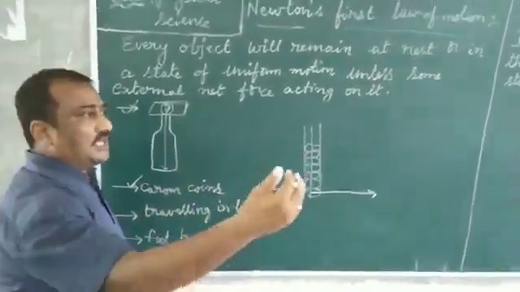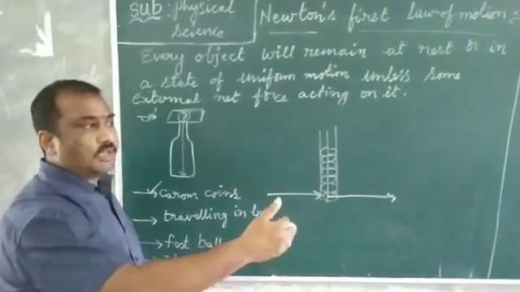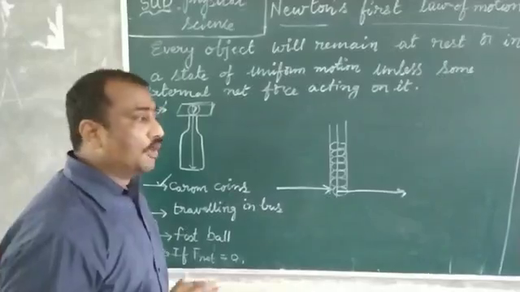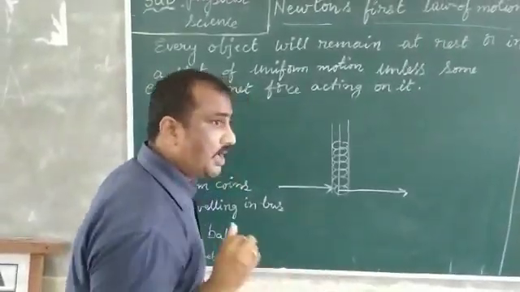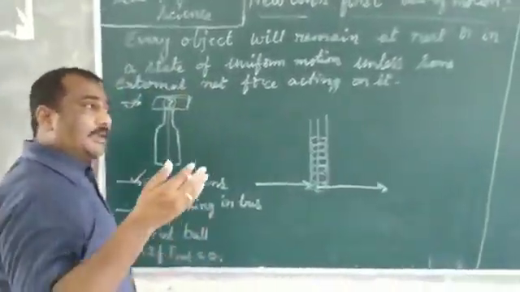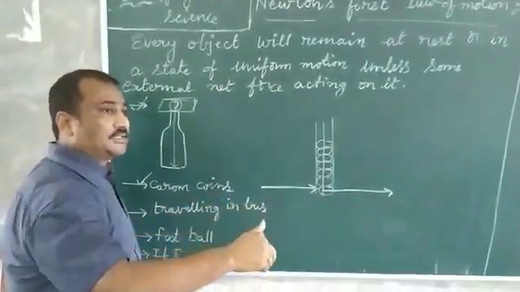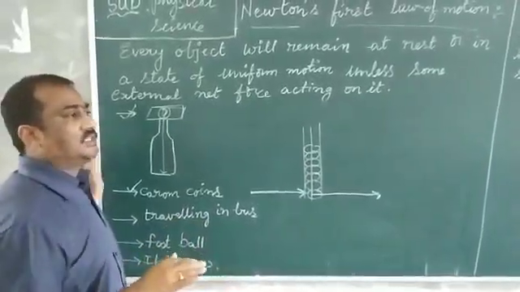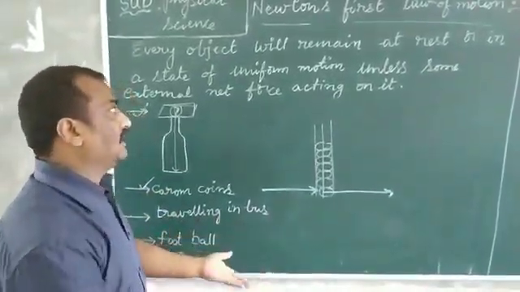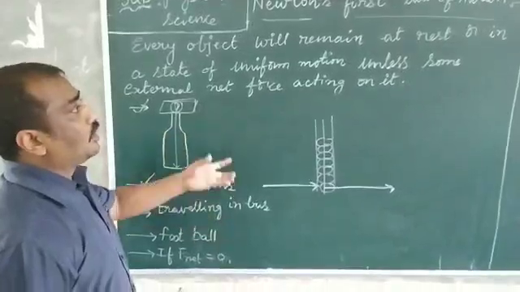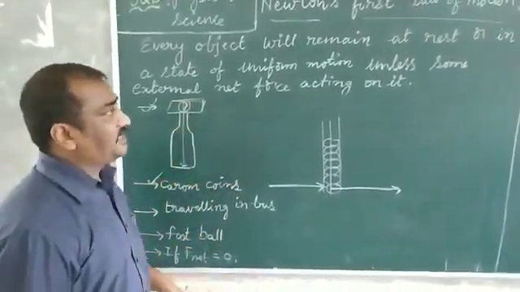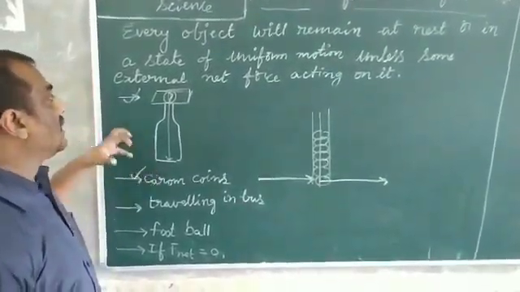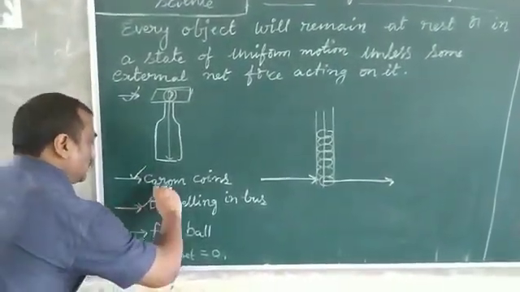If any obstacle comes in front, immediately the bus driver will apply brakes. In that case, you will move forward, because the bus comes to rest, but our body continues in a state of motion. That's why you move forward. That means every object continues in a state of rest or uniform motion unless some external force is acting on it.